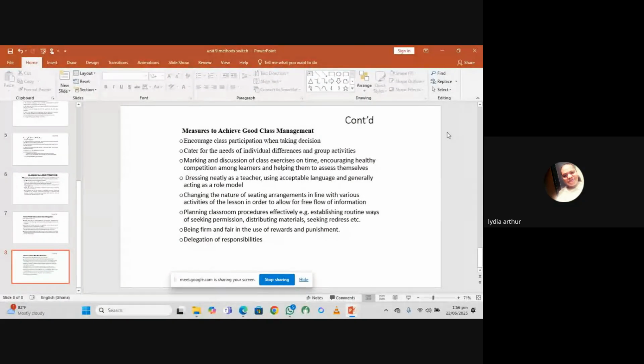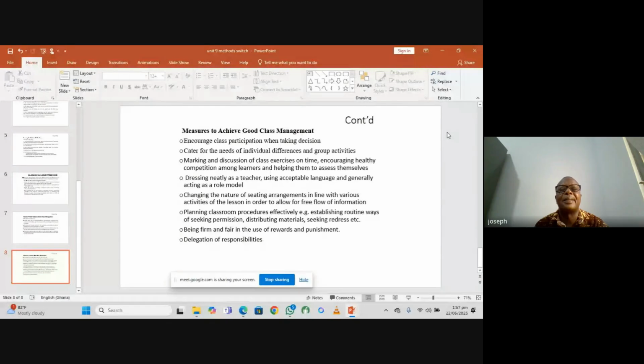So my question is, is it not better we do ability grouping, where the high achievers are put in a particular class, and the low average ones in a different class?